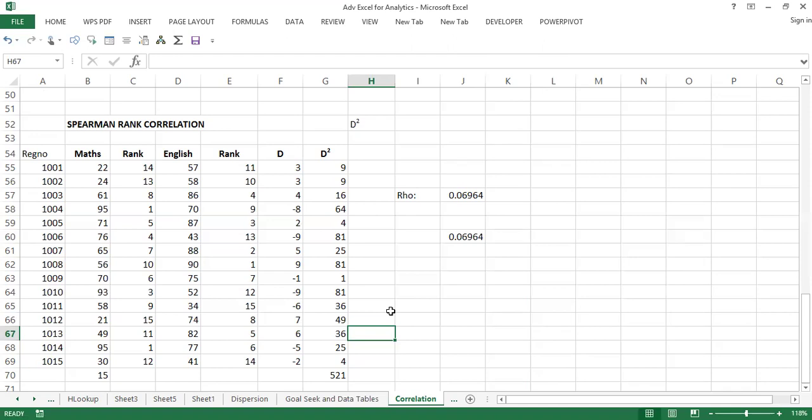Let's say if we are to use a sales example, you may want to see the correlation between the sales of a product compared to another product throughout the month, for example.